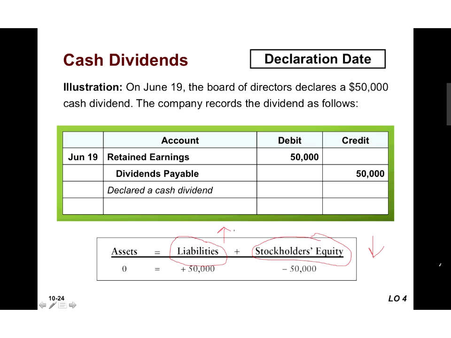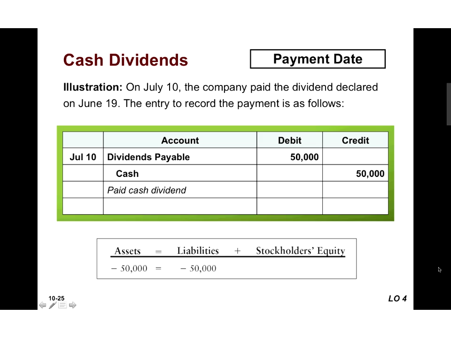On the payment date, when we actually pay the dividend, we're going to reduce the liability, so dividends payable will be debited and cash will be credited because we're actually spending the money. So on the date of payment, we're reducing our liabilities, and we're also reducing assets.